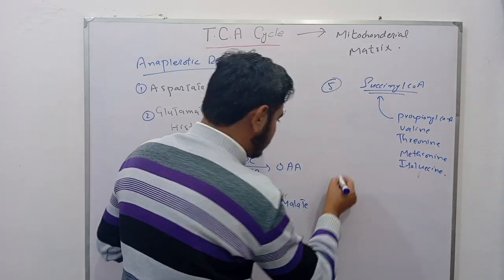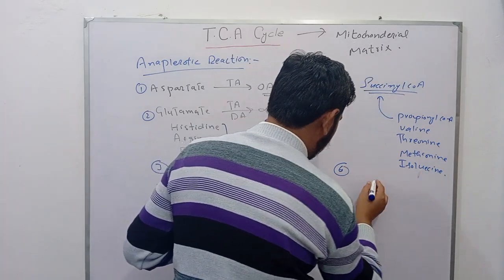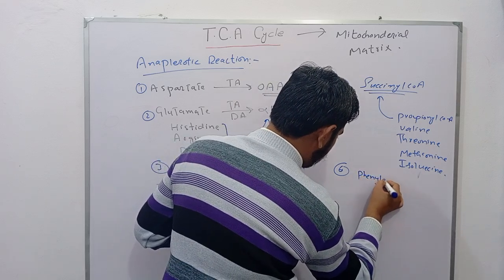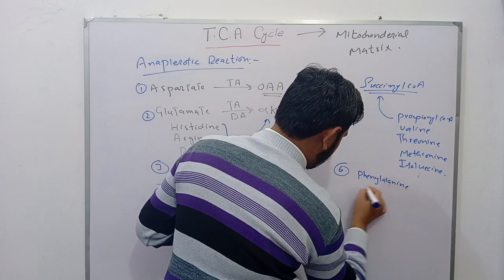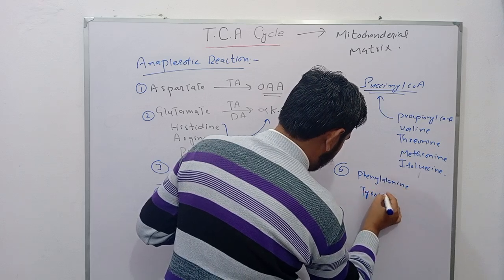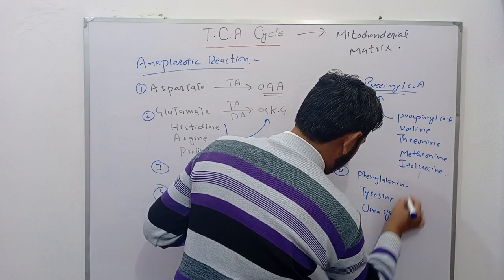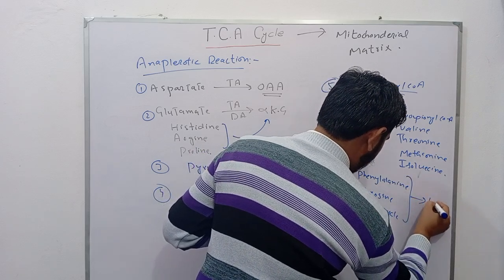Okay, and the last one is fumarate. Fumarate is formed from phenylalanine, tyrosine, and urea cycle. They all form fumarate.